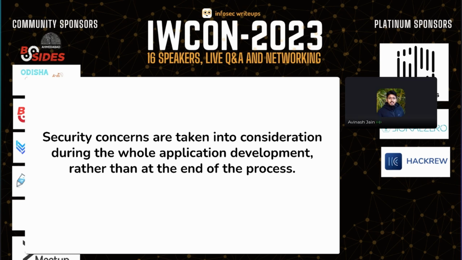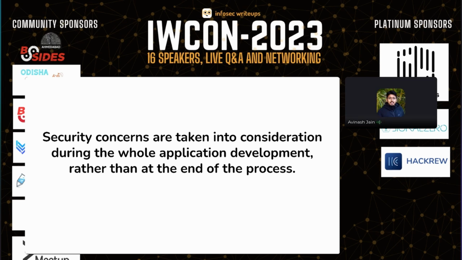But security should be considered throughout the whole application development cycle, rather than just fixing at the end of the process. So if I need to tell you the brief definition of shift left, it basically refers to the measures implemented to make sure that security concerns are taken into consideration, not just at the end of the process, but during the complete development life cycle.